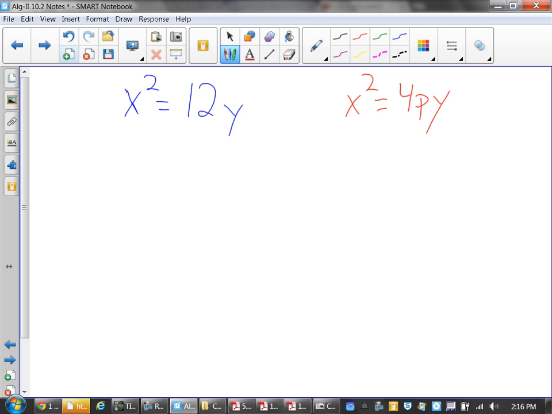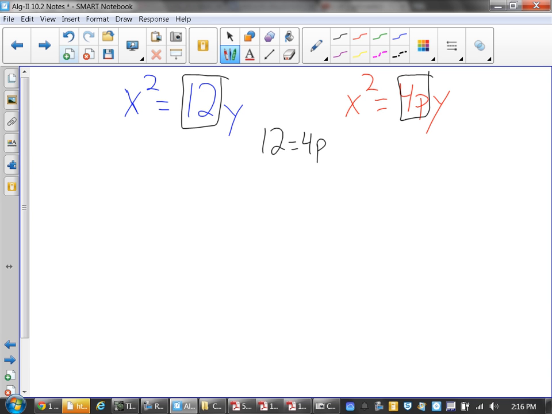All I did there was just write it down. Now, what's the coefficient of y? 12 has to equal 4p.